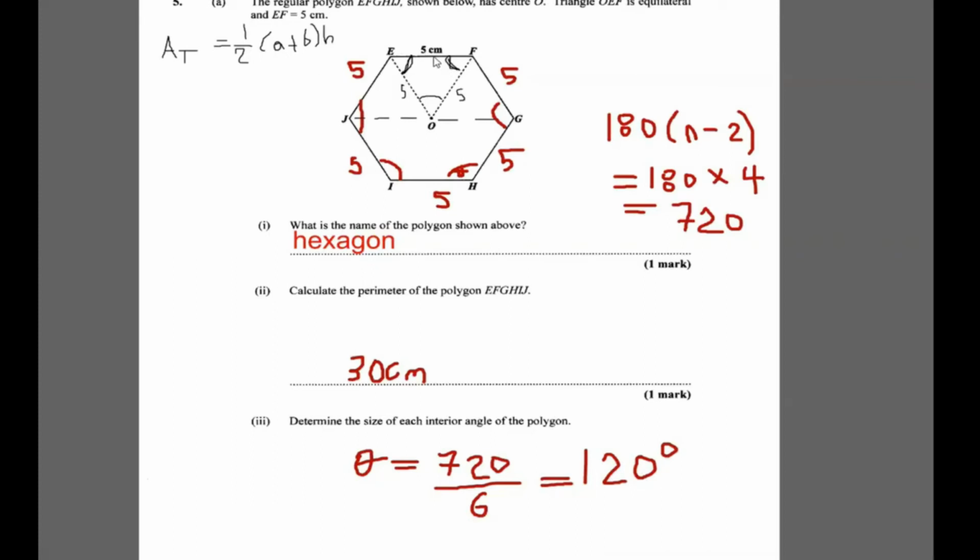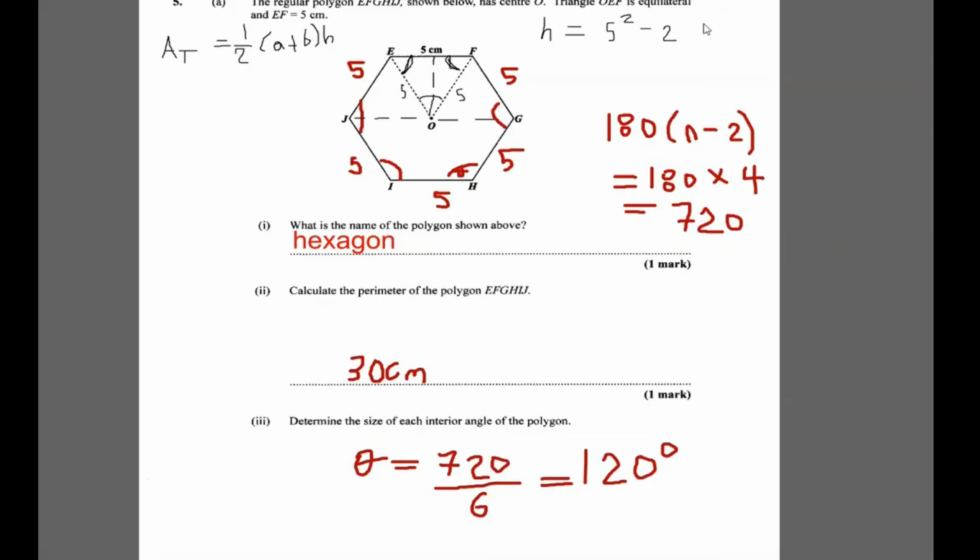All we need to do is find the perpendicular distance. So let's find this perpendicular distance, we're going to call it H. The perpendicular distance H is going to be equal to the square root of 5 squared minus 2.5 squared.